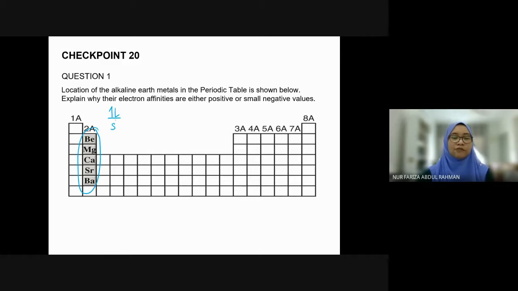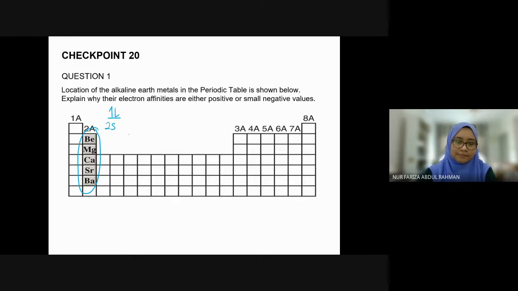Electron affinity means to accept an electron. So if this element needs to accept an electron, the incoming electron will need to be placed in the higher sublevel.